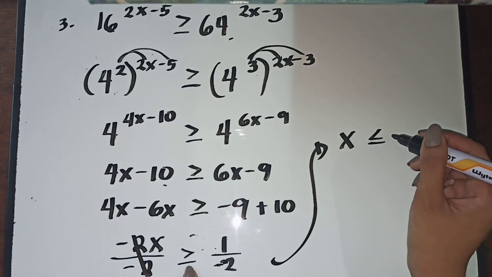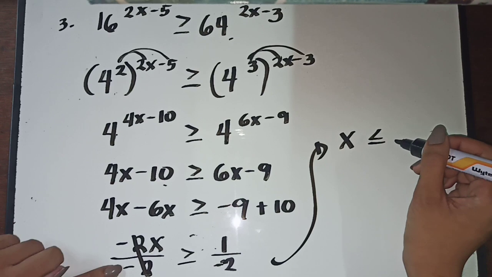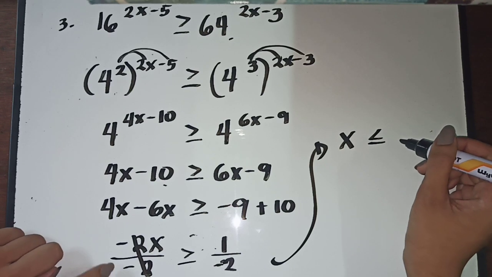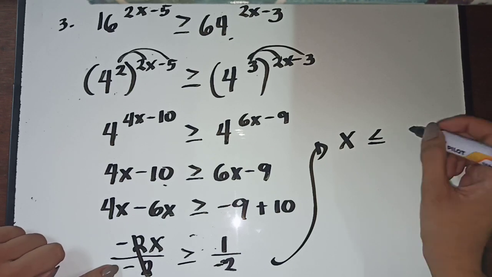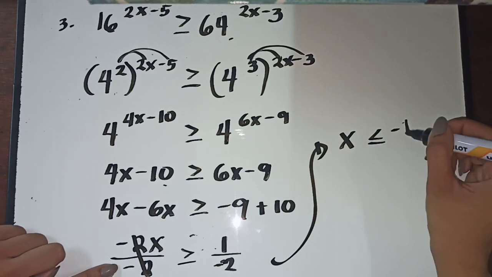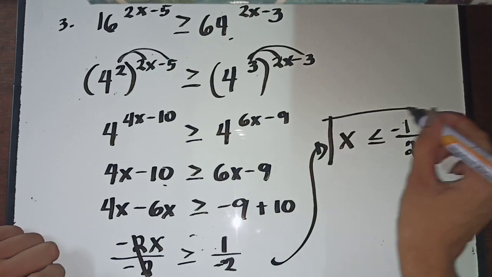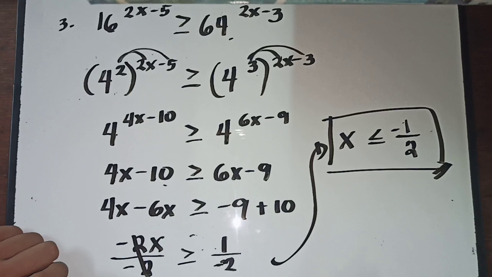Okay? So, yung greater than or equal ko ay naging less than or equal kasi nag-divide ako ng negative real number. So, that is less than or equal to negative 1 over 2. So, this is the value of your x. So, x is less than or equal to negative 1 over 2.